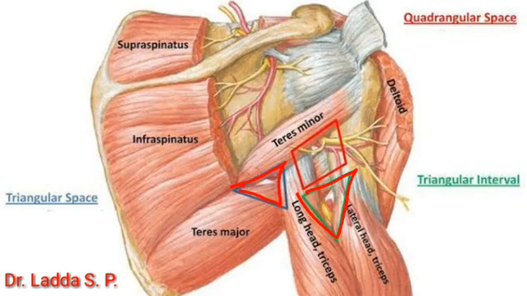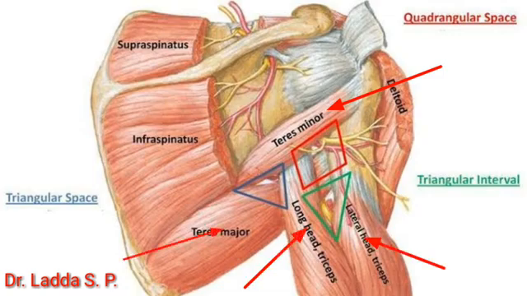To simplify it, it is wise to consider the situation of three muscles. One is teres minor, the second is teres major, and the third is the long head of triceps muscle.